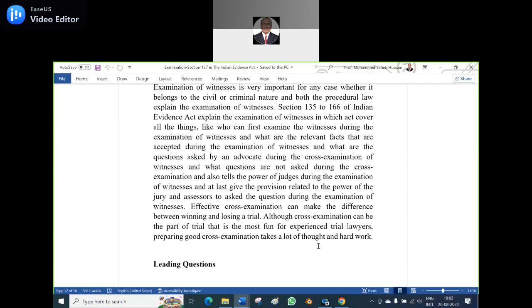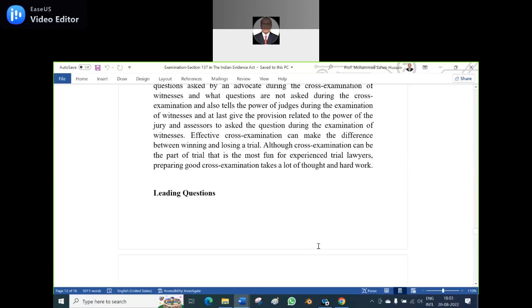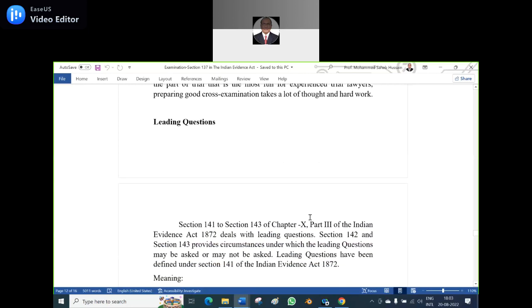Although cross-examination is one part of the trial, it is the most fun for experienced trial lawyers. Preparing good cross-examination takes a lot of thought and hard work. So all your power would be shown in the cross-examination. Am I right? Yes. So now let us go to the leading questions.